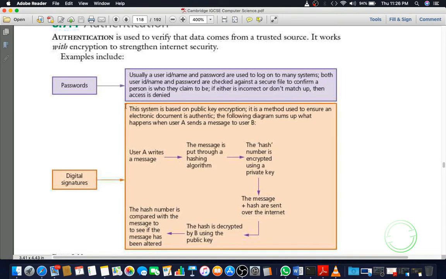So if the user gives the correct ID but the password is not correct, or the wrong ID but the correct password, in both cases he will not get the access. The user ID and the password both work together to secure the access. So this is for the password.